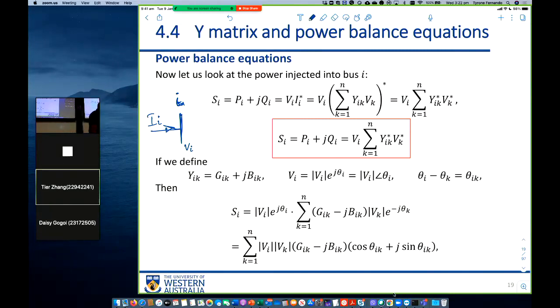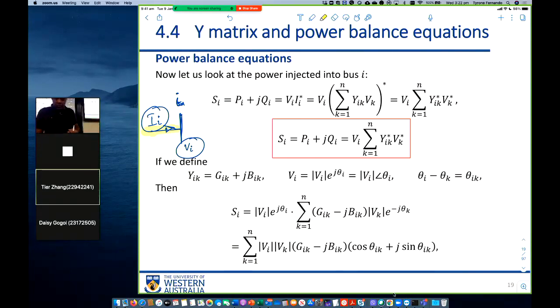So I can now say the power that is flowing into this bus is VI I star. I take this voltage, I take this current, right? So the power that is flowing on that line is VI I star. It will be the active power and reactive power flowing in this line into that bus bar. If I ask you what is the current flowing in the line that I highlighted in yellow, you would say it is II, because we labeled it that way.